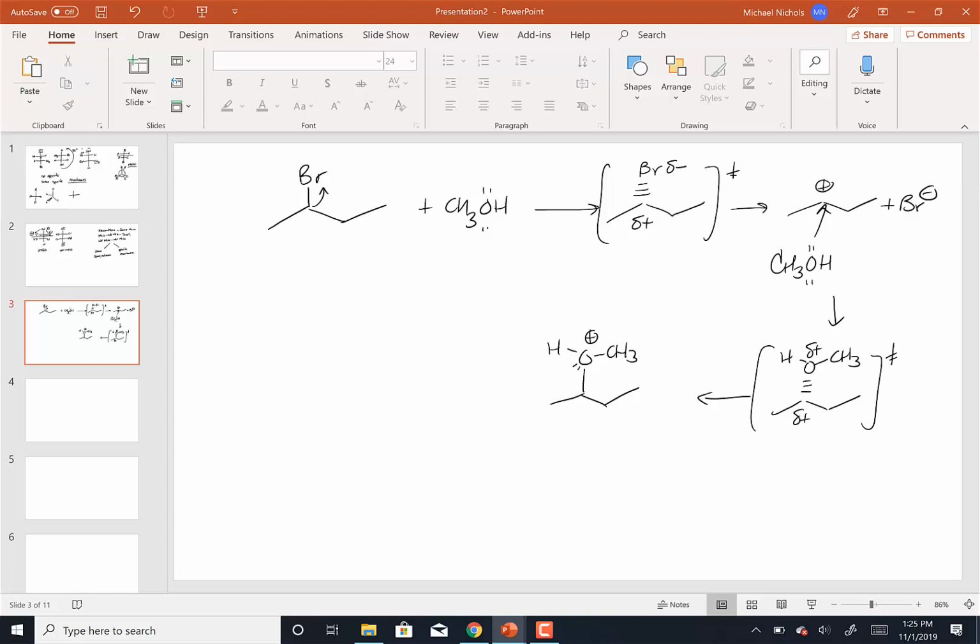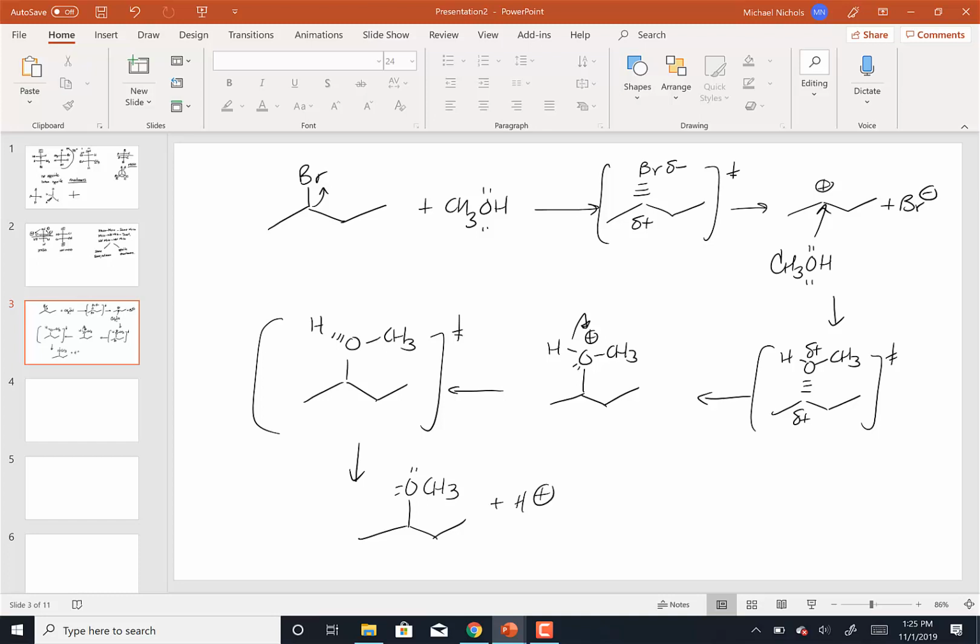Then our third step is going to be to break the oxygen-hydrogen bond and give that pair of electrons back to the oxygen. And so if I do that, I'm now going to break my oxygen-hydrogen bond as part of my transition state to get me to the final product, which has the O, the CH3, and an H plus.